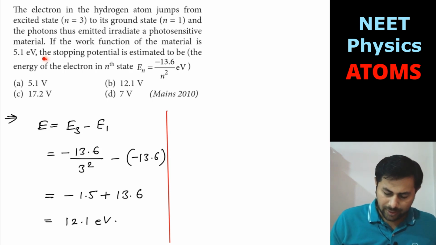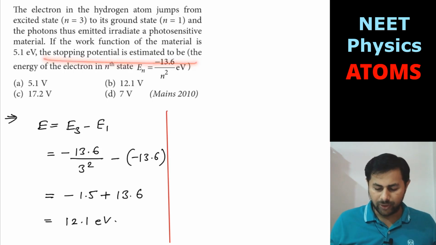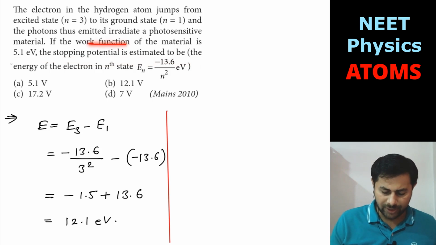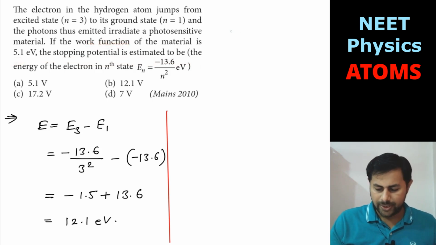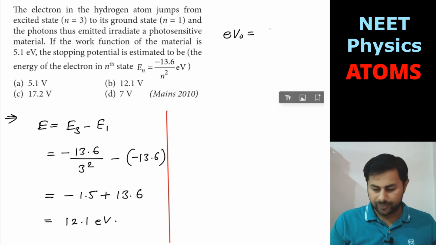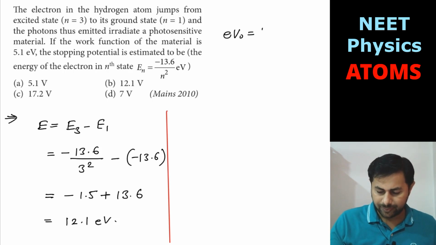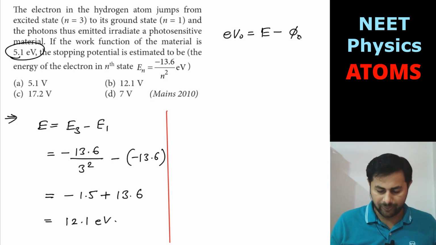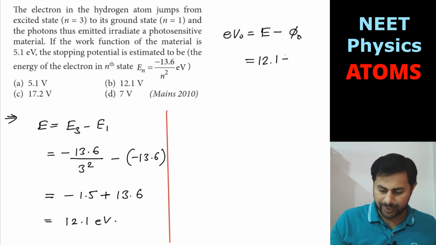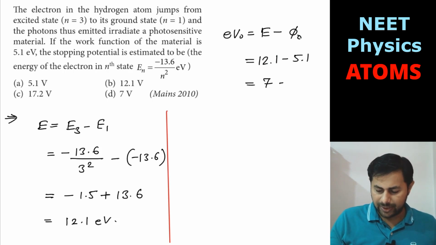Then you want to find out the stopping potential. The work function is given, so this is simple. You have this formula: E V naught is equal to h nu, the energy of the photon, minus phi naught. Phi naught is given, it's 5.1. You just substitute that: 12.1 minus 5.1 means 7 electron volts.